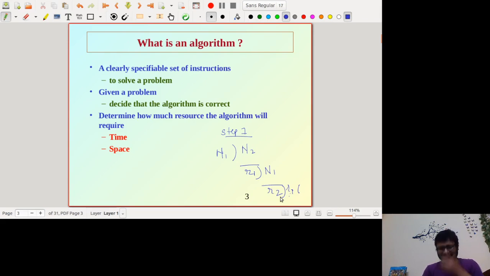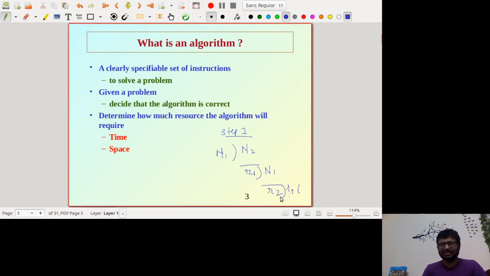Now, speaking of time, so far you must have seen in all the programs that we have written, at least the ones that we have talked about, the output is produced immediately. Like the moment you press enter, you see the output showing up on your screen. This is because in all these examples, we have run our programs on really small inputs.